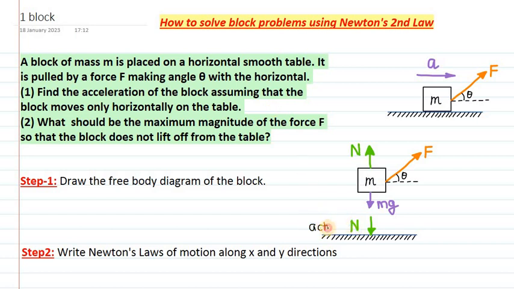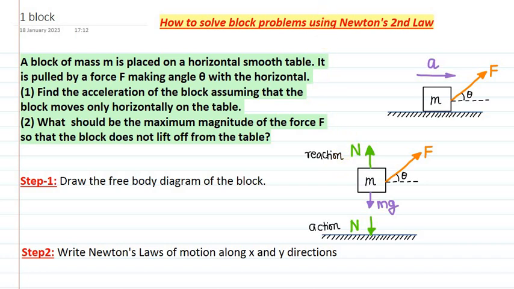Newton's third law says, if any object applies any force on the other body, then the other body will apply the same amount of force in the opposite direction on the first body. So here the block of mass m is pressing the ground downwards with the force N, normal reaction N, which is the action. Then the ground will exert the same amount of force on the block in the upward direction, opposite direction, and that is the reaction force.